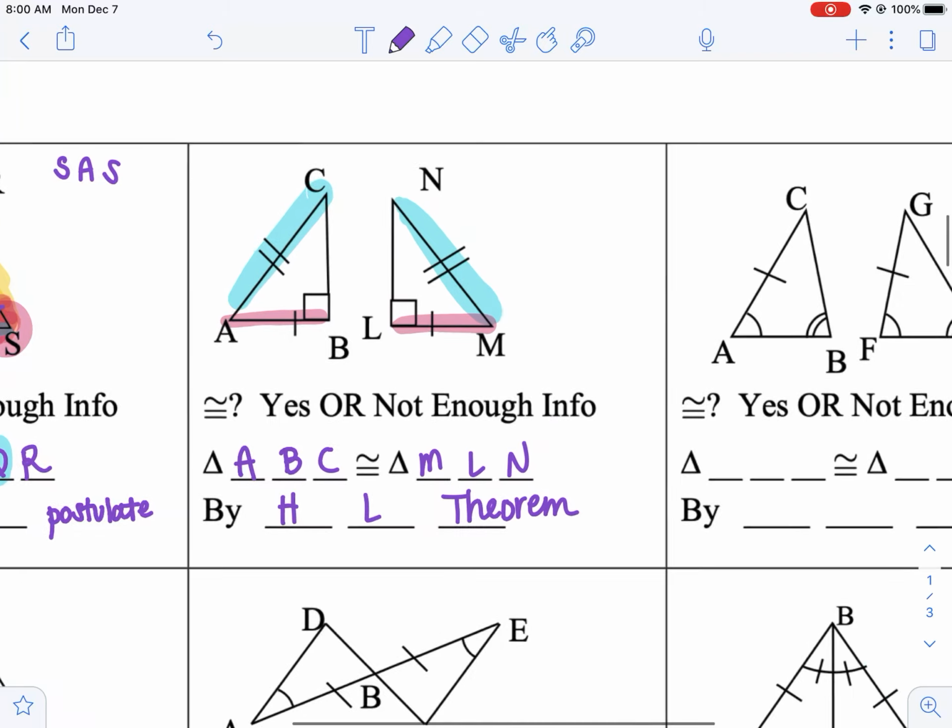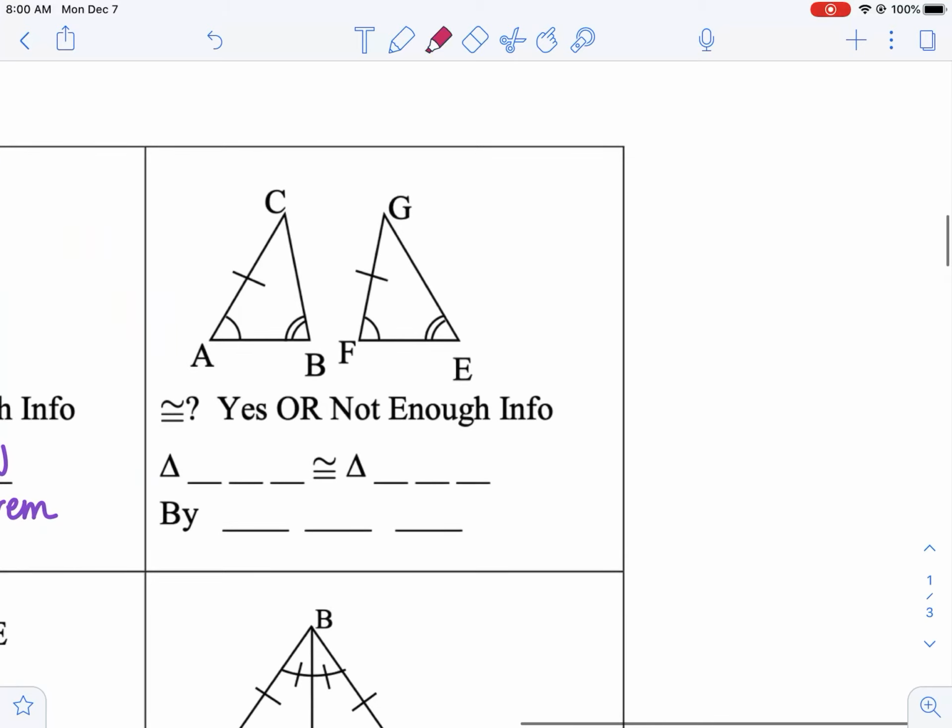Okay, next up, we have a side, we have an angle, and we have another angle. Even if maybe these don't look quite congruent, we are given those arc marks and tick marks, so we actually know that they're congruent.